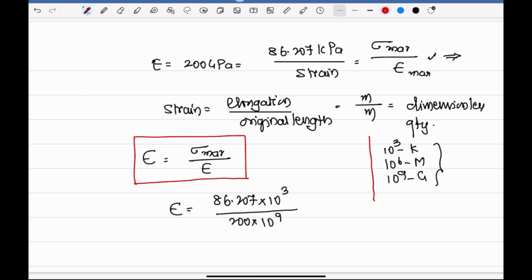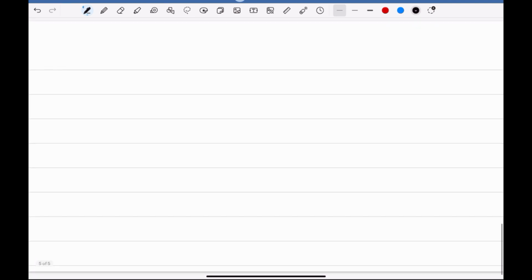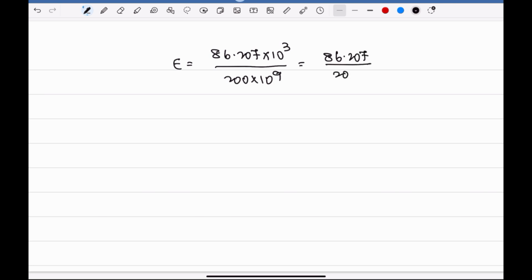So epsilon is equal to 86.207 into 10 to the power of 3 divided by 200 into 10 to the power of 9. That gives 86.207 divided by 200 into 10 to the power of minus 6.